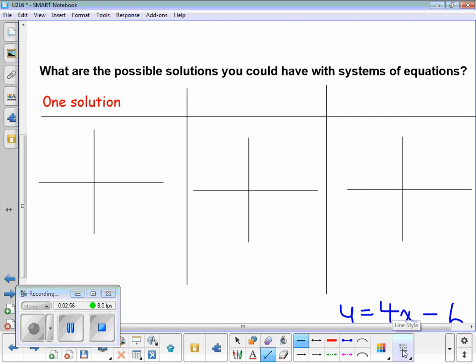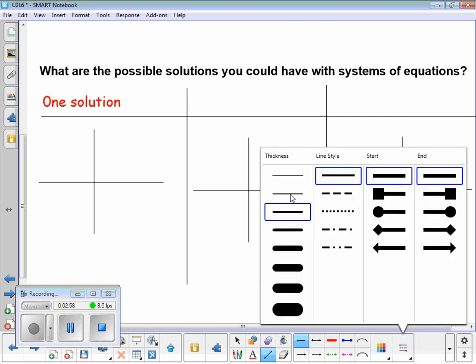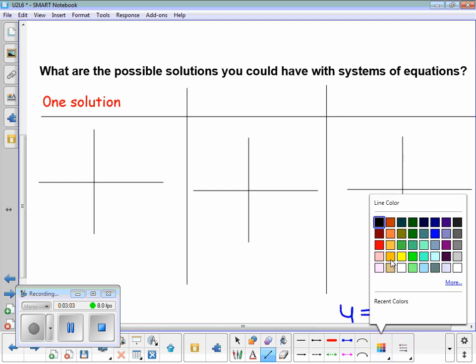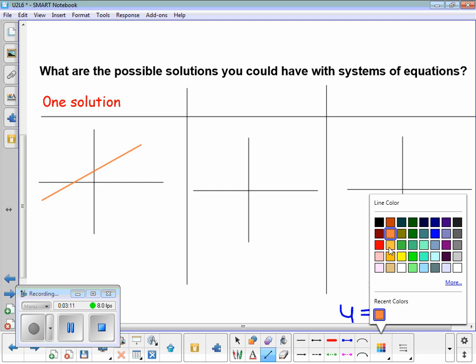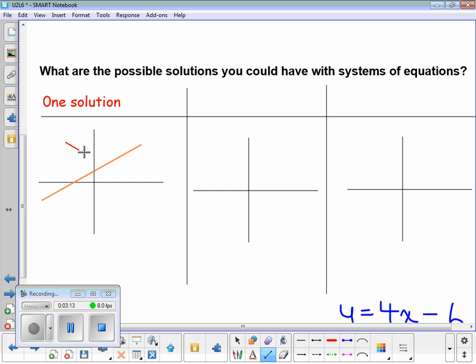I want a line, and it doesn't need to be really big. And we'll change the color. So one solution would mean that I have one line, and then the second line that I'm going to create, they intersect somewhere. And so my solution would be this one point.